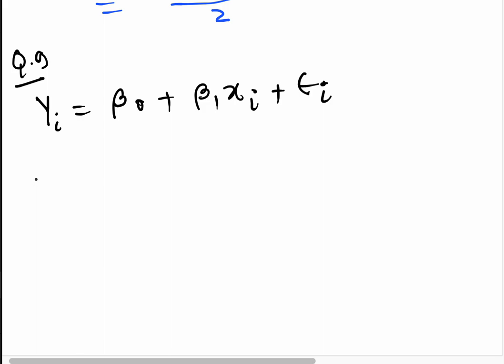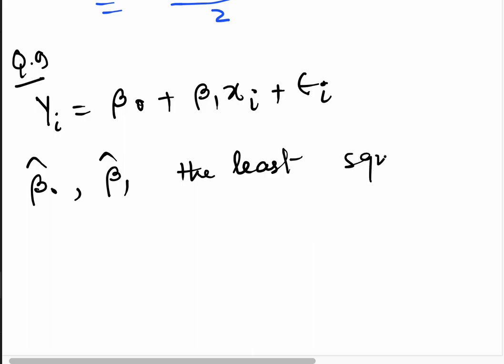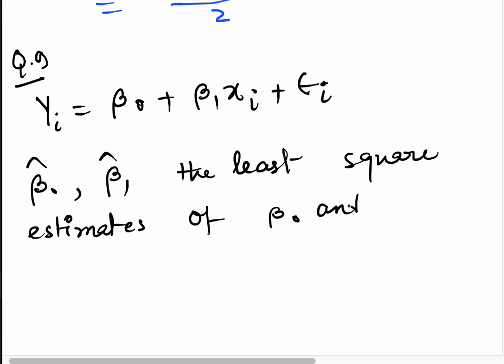Now what are the least square estimates of beta 0 and beta 1? Okay, let's do it.